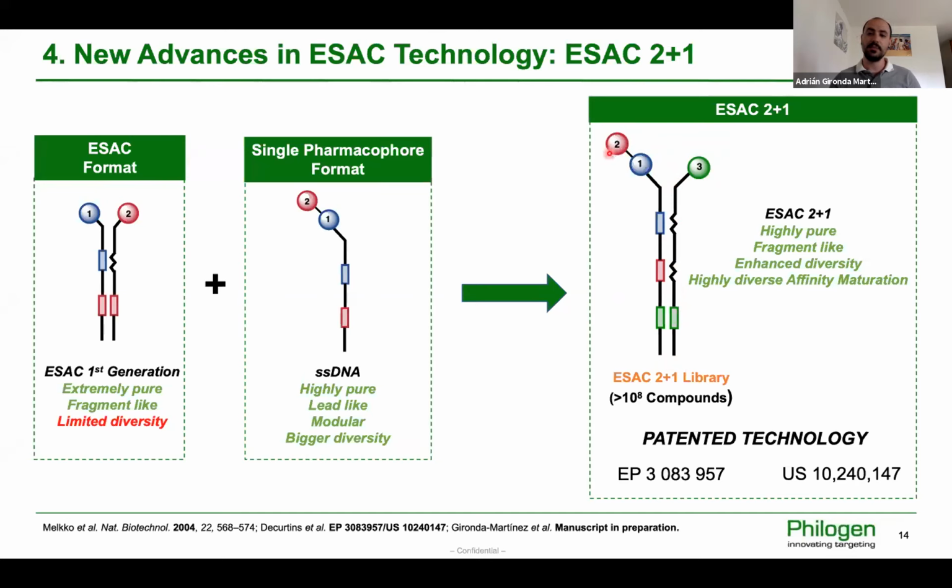Then, to couple the second building block, we always use reactions that were already pre-validated, having more than 75% conversion by LCMS. Those libraries have much enhanced diversity, and they allow us to perform affinity maturation libraries using, for example, pre-identified hits on the sublibrary P. This technology was patented, and Philochem is the only proprietary owner of this technology.